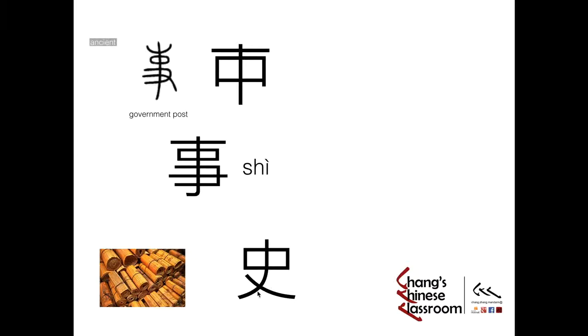I don't know, the second one looks more interesting, but I think the first one would be more plausible. Okay, generally it lost the meaning of the post or the person, and only the meaning of this part is left, the matter or the thing. So for now, this one is sure to indicate a more general meaning of all matters or things.